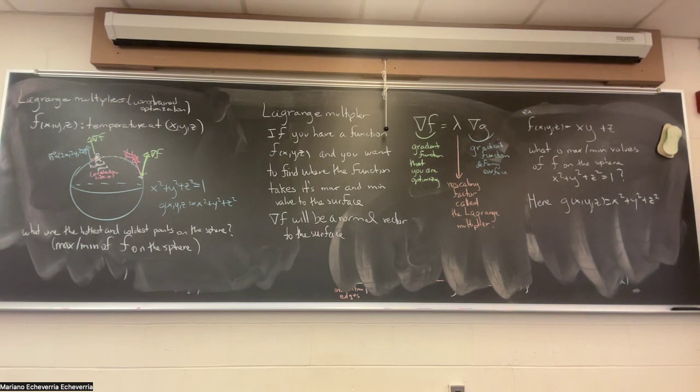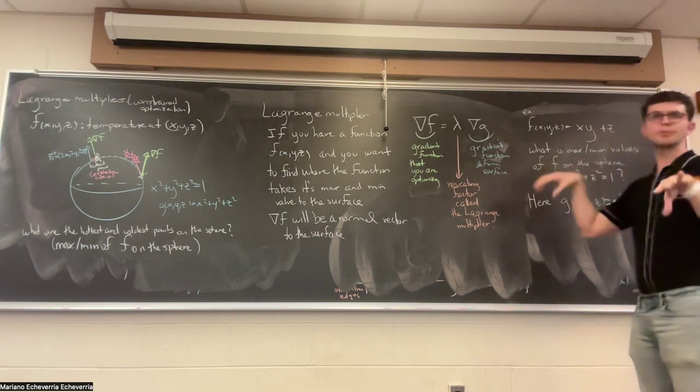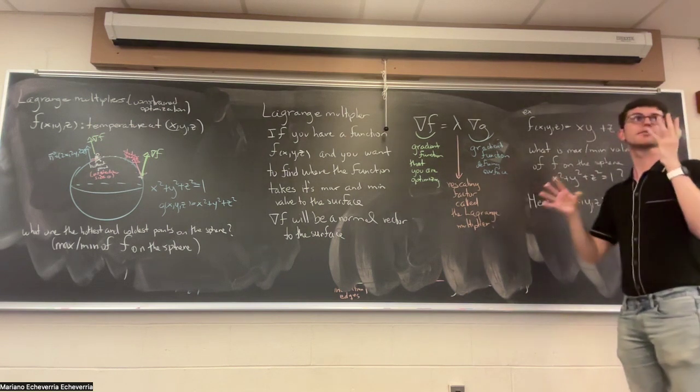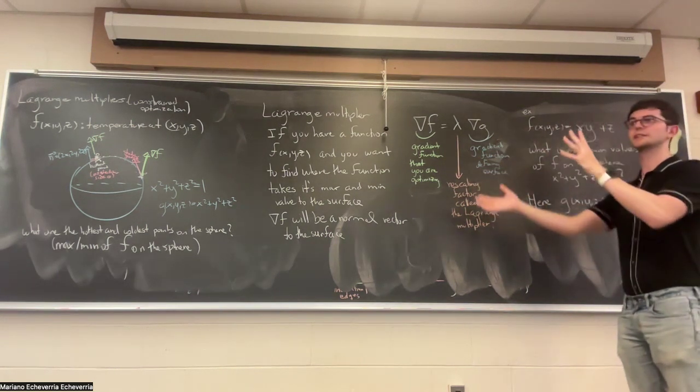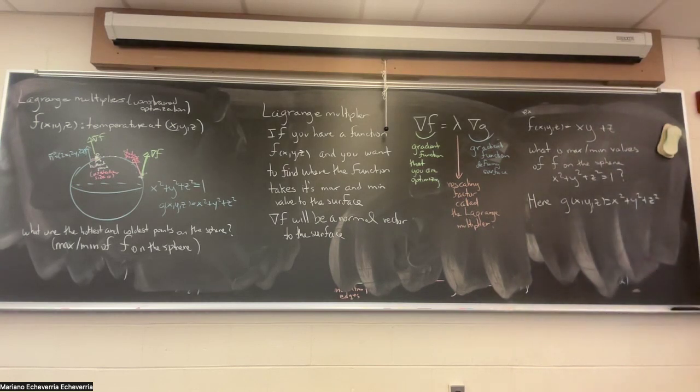Okay, so what the method says is to compute both gradients separately, and check where these two gradients become parallel. In general, the gradients will not be parallel, but at the max and the min, the gradients will be parallel. So that's what we're trying to find.